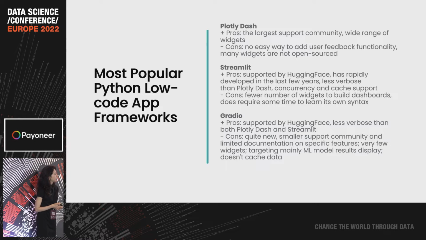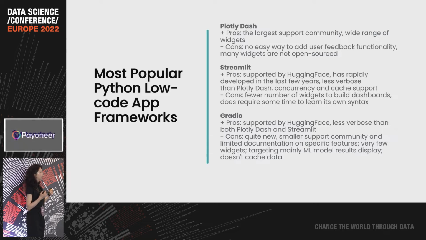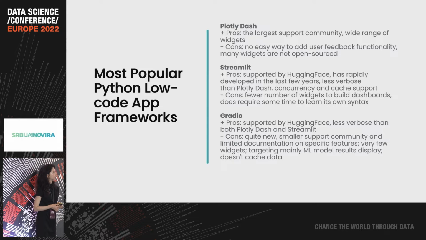And it's less verbose than Plotly Dash. The main advantage for me was that it supports concurrency because it's based on a library called Tornado. It's a web interface, and it supports asynchronous calls very well. And it also has cache support.